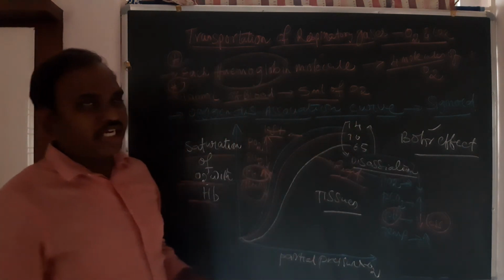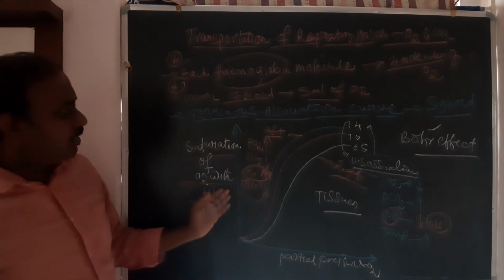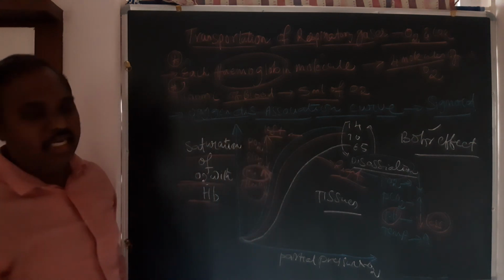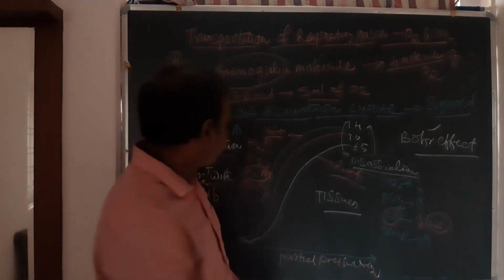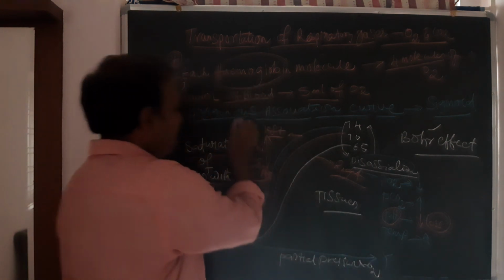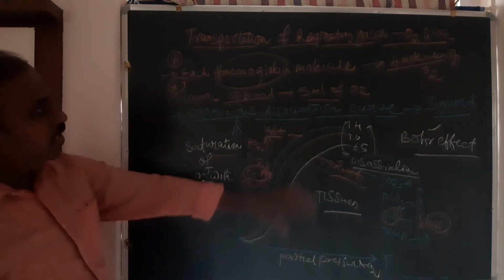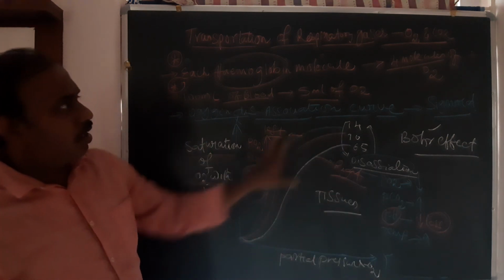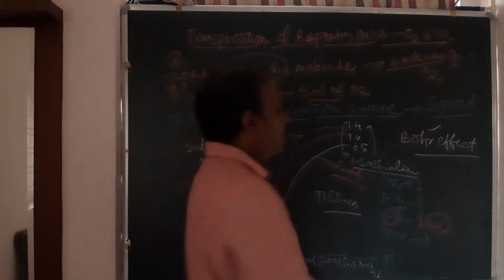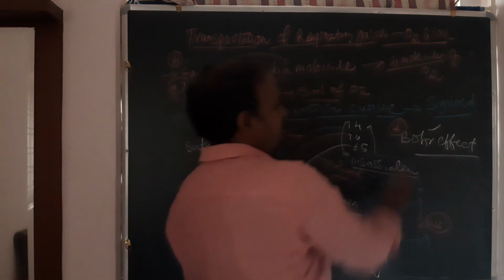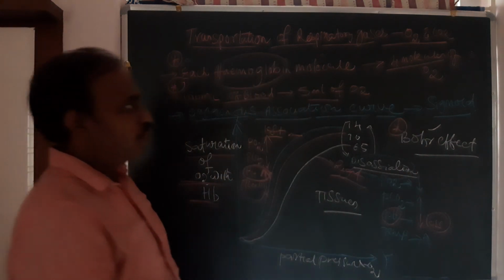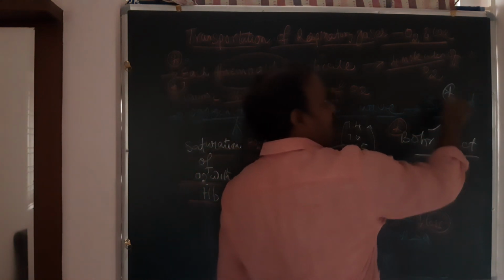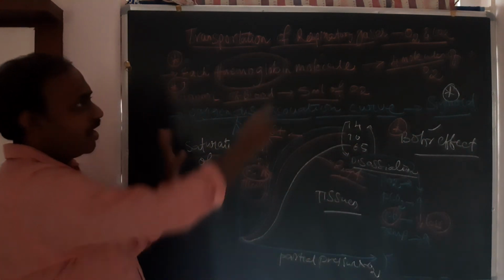This will be your y-axis, and this will be your x-axis. Why is it moving towards x and why towards y? This is very important, which is called the Bohr effect, very important for you in the NEET exam as well. The shape of this oxygen dissociation curve and the factors.